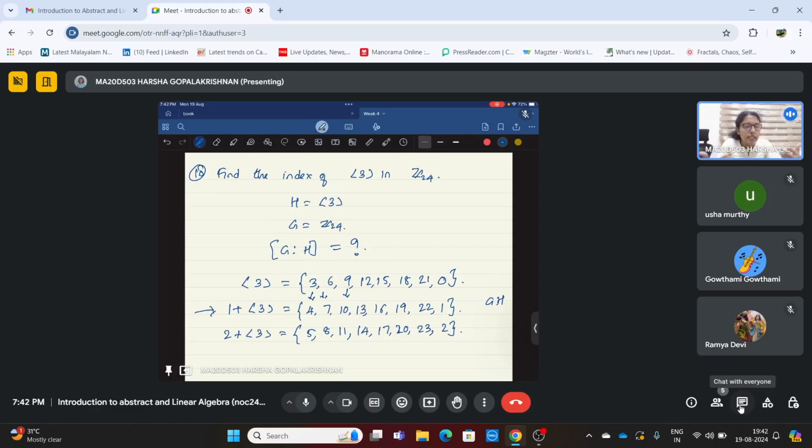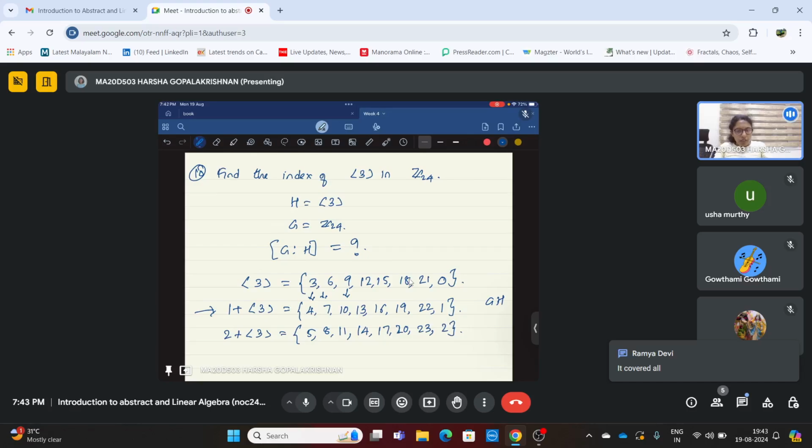Now, does there exist any other coset other than these? We got 3 cosets now. My question is, can you find any other coset, or has it covered all the cosets? Maybe if you are observing, yes, it covered all, very good.